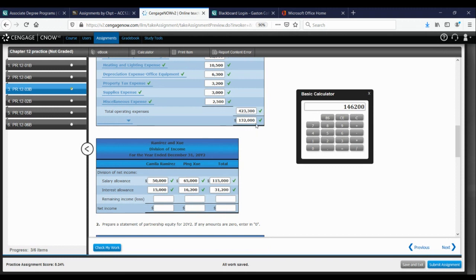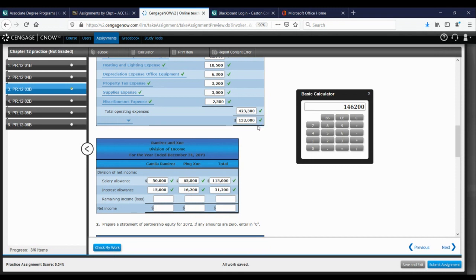So we're going to have to subtract the total allowances from the net income, and it will give us a negative balance. When the allowances are more than the net income, we'll find the difference and divide it by the way they share profits and losses.